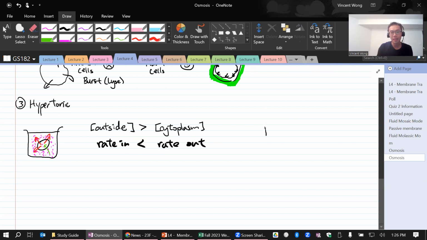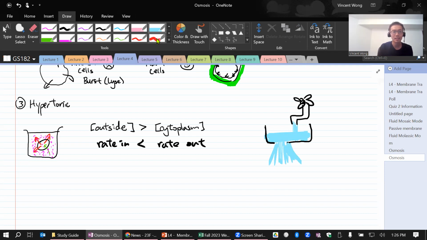So let's draw our basin again. This time we have a gigantic hole at the bottom. And we're just going to leave our tap as normal. So water is coming in. But boy, we have a major leak here. It's just coming out all over the place.